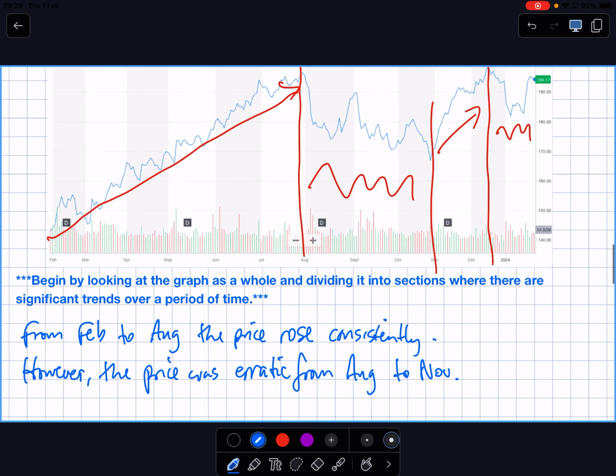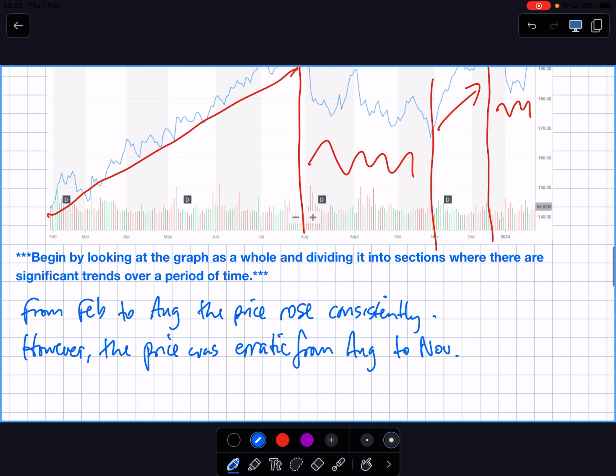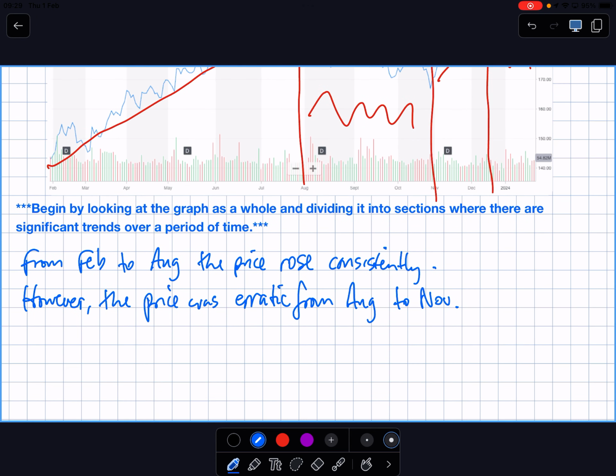Anything else? Someone else, from November to mid-December. What's happening there? It climbed. Climbed? Yep. Use a different word. It's not like your essays that say therefore in every paragraph. Between November and mid-December, it climbed.